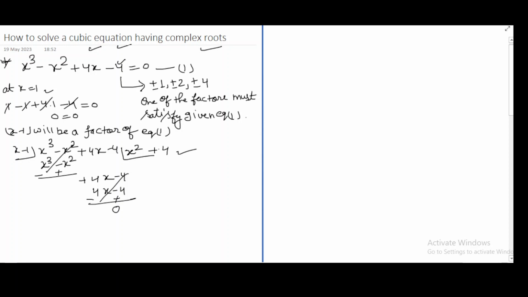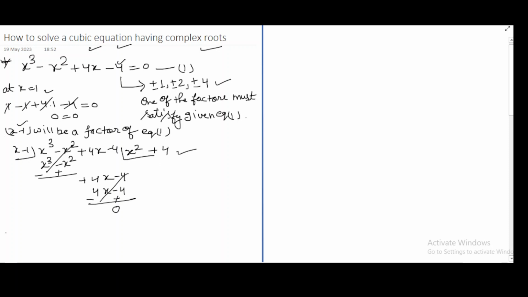So here what we got is that the first factor, x minus 1, was calculated by the hit and trial method. This is the hit and trial technique, right? And the second one we get by dividing the given equation by the first factor.